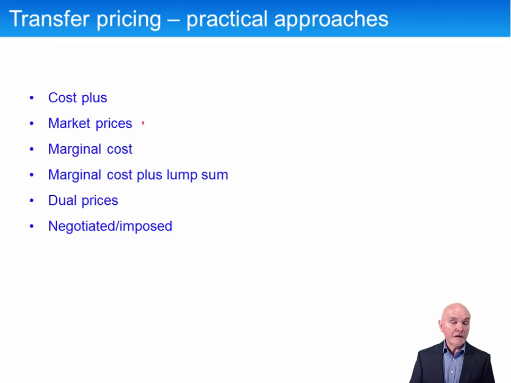Dual prices are very eccentric. We're not talking here about financial statements, but what it means is you can let division A sell at one price, let's say at 20 per unit, and this would give it the chance of some profits. But division B, for its management accounting, buys in maybe at 12, and 12 might be the marginal cost.